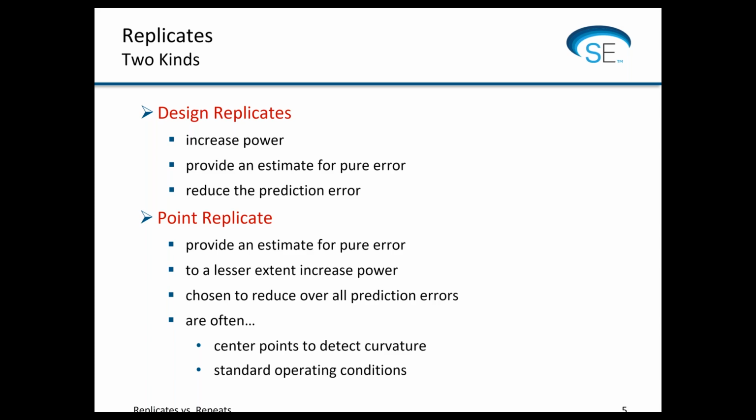Often replicates at a point are chosen for other reasons, such as replicating a center point in a factorial to have the ability to detect curvature, or replicating standard conditions that exist in the design space to have a reference to what was done in the past.